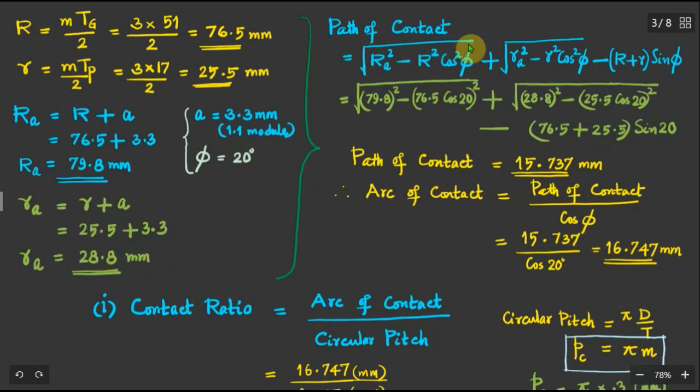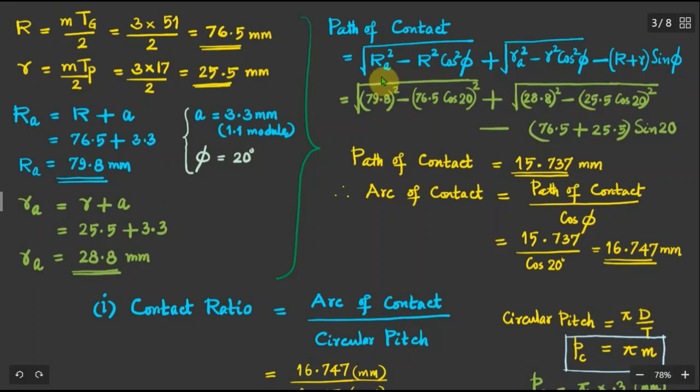Path of contact is given by this relation, and if you add both path of approach and path of recess, then you will get this equation. So path of contact is equal to square root of capital Ra square minus capital R square cos square phi, plus root of small ra square minus r square cos square phi, then minus R plus r into sin phi.